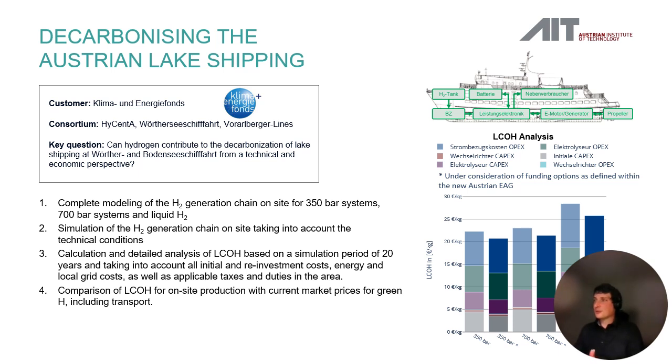And you see that, for example, the 350 bar storage system is better than the 700 bar storage system, and this with the asterisk here is taking into account some additional funds. The right-hand side, that's a little bit hidden behind me here, is when buying it from some external source.